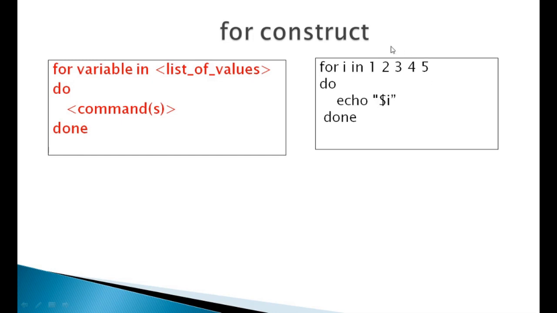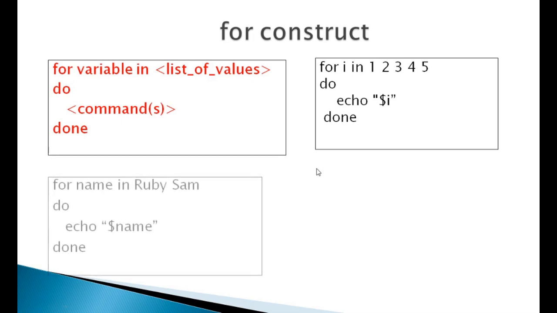And for all the values listed here, the statement will be repeatedly executed. Another example, for name in Ruby, Sam, do echo. So instead of these numbers 1, 2, 3, 4, 5, I have just given some strings. So name will take the value Ruby and will print it. Name will take the value Sam and will print it.